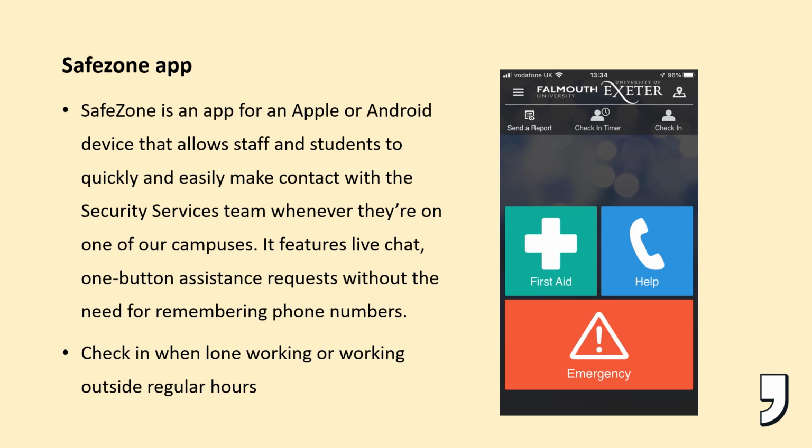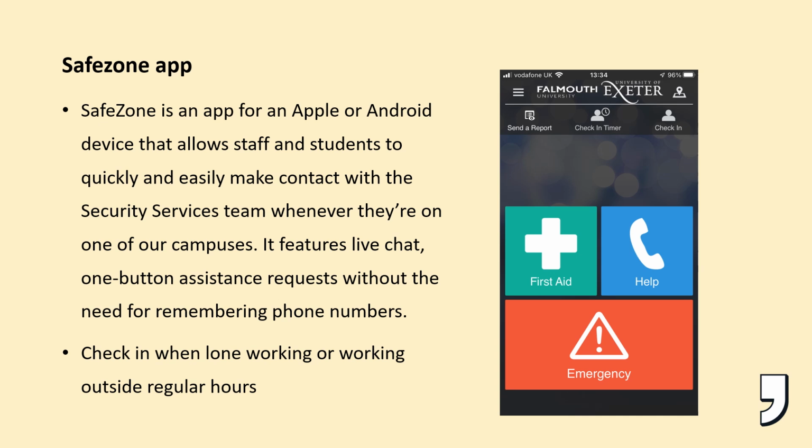The SafeZone app is an app for Apple or Android devices which allows staff and students to quickly and easily make contact with the security services team whenever they're on one of our campuses. It features live chat, one-button assistance requests, and doesn't require the need for remembering phone numbers.